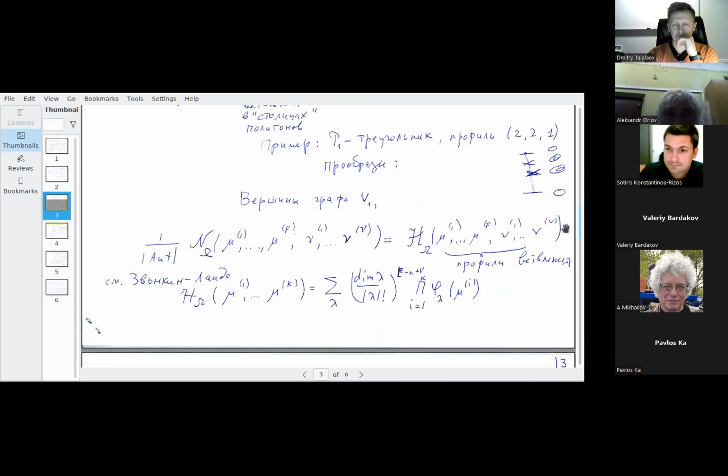The formula for the Hurwitz number is the following: it is a sum over partitions lambda of the same weight, with a certain multiplier, which I will not explain, I'm afraid I have no time, times the product of characters of the symmetric group Sn, with n equal to the weight of all partitions involved here. Notice these are some normalized characters, not exactly characters, related to this representation evaluated on this cycle. So this is the formula.